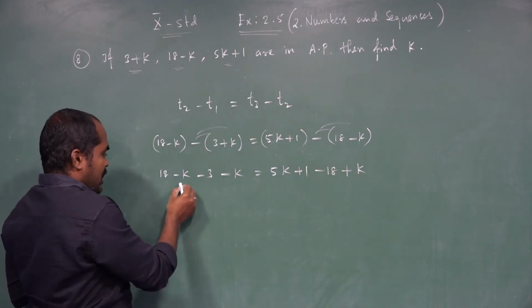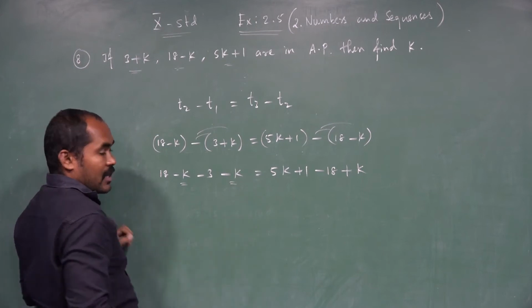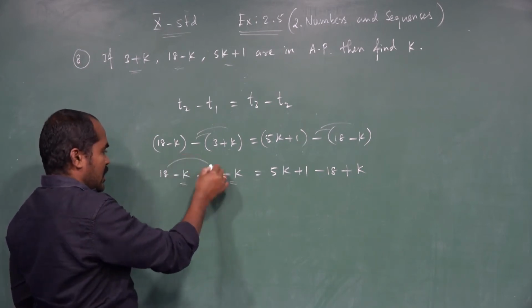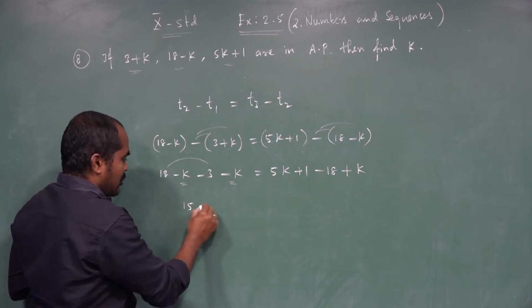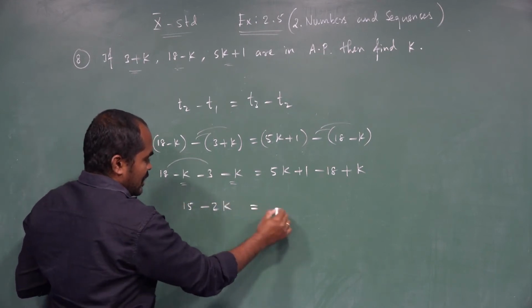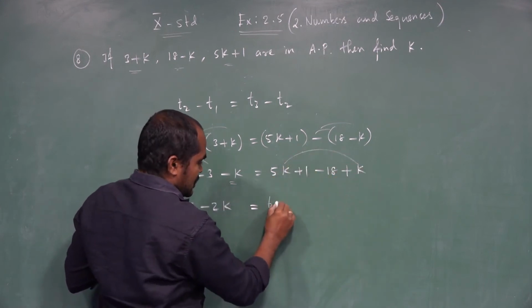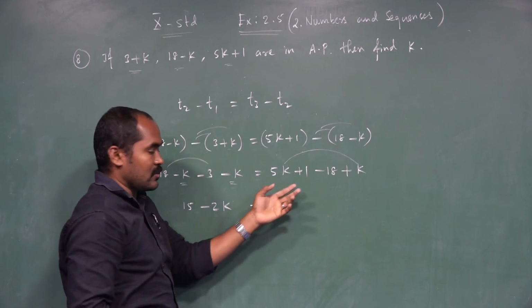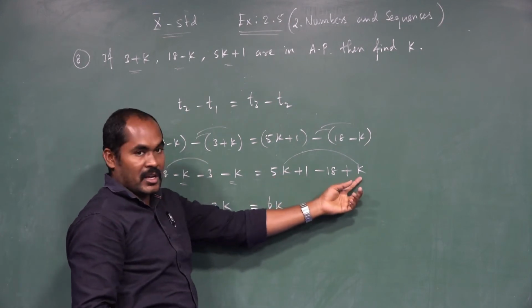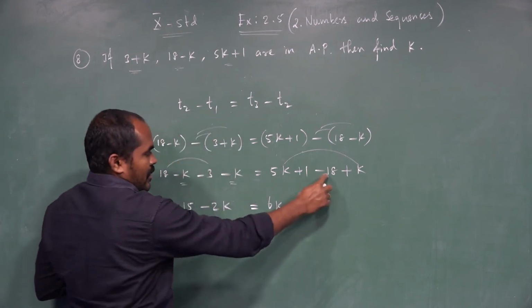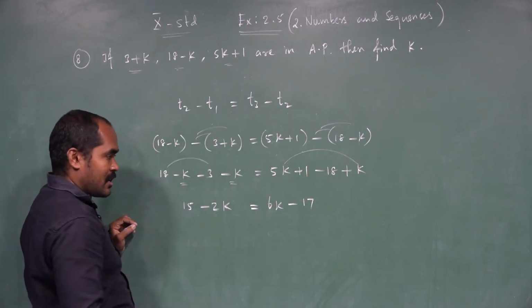Here minus k and minus k are like terms. 18 minus 3 is 15, minus 2k equal to 5k plus k is 6k. Both are positive terms. Minus 18 plus 1 becomes minus 17.